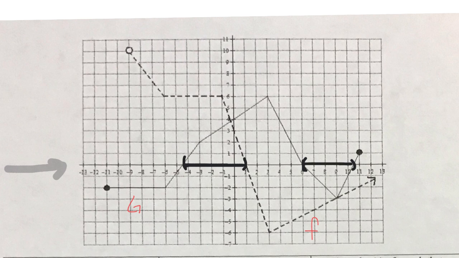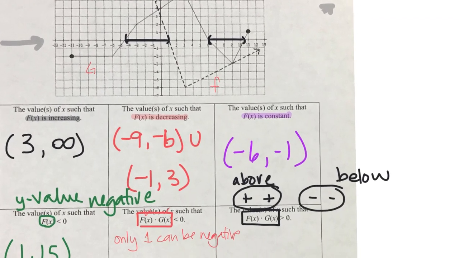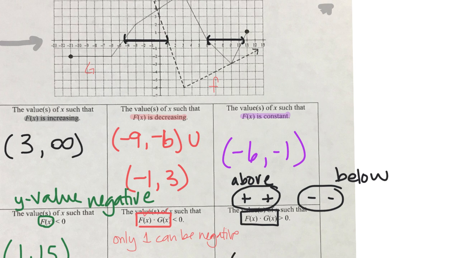So both of them are below the axis between 6 and 10.5. So two intervals where the product of these functions' y values will be positive. Either both of them are below the x-axis, or both of them are above the x-axis, gives you a positive product.